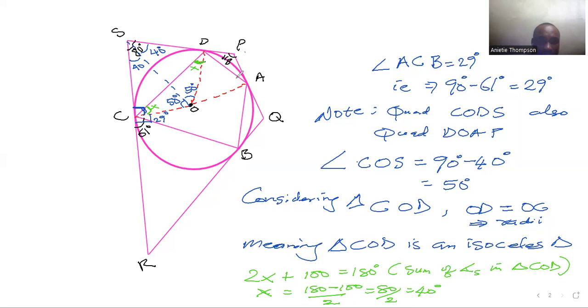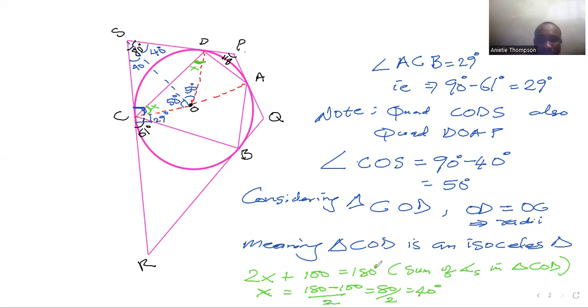Looking at this other side, so we have X there is 40 degrees. So just know that this place now is 40 degrees, this place is 40 degrees. So that means angle C is completely gotten. The angle C here must be equal to X plus 29, since only here is equal to 29 degrees.